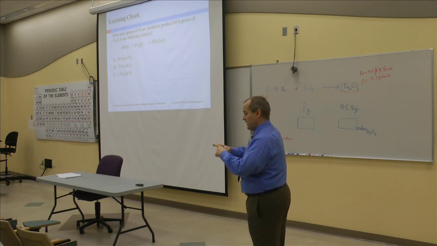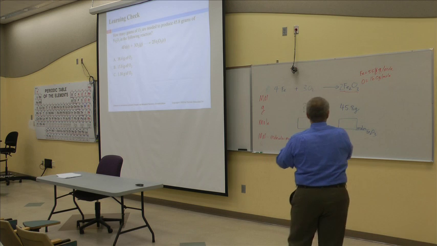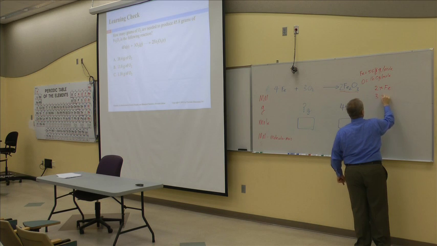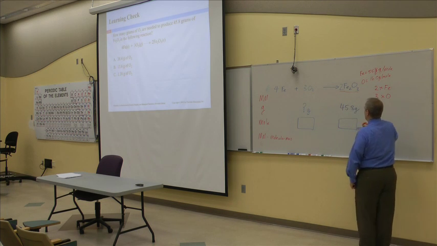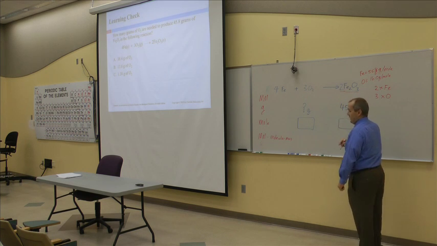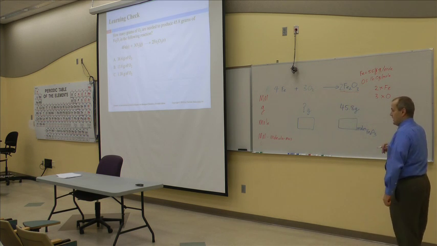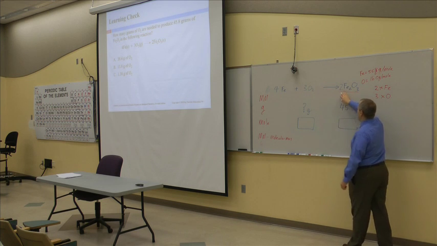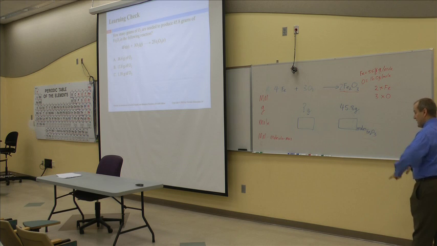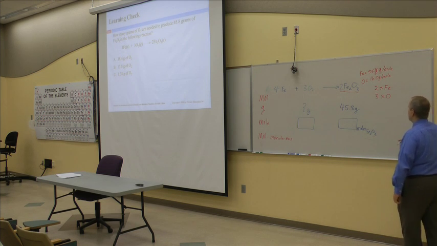Just look at the formula. So it's going to be 2 times iron and 3 times oxygen. Some people are tempted to say it's 4 because 2 times 2 is 4. Don't do that. Just look at the formula, ignore that coefficient number right there. We're going to use it later, but for now, ignore it.